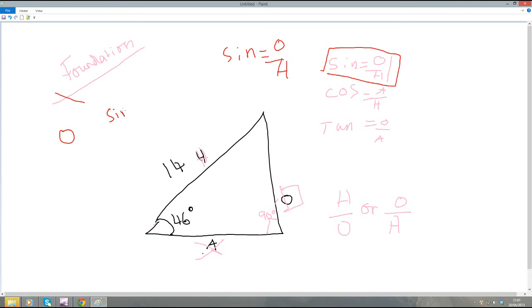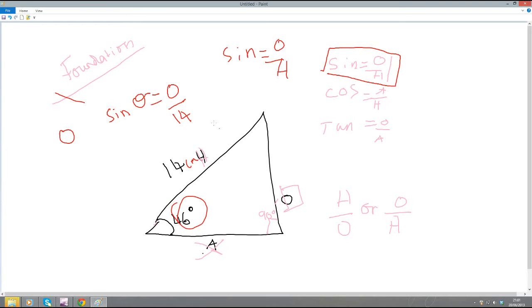So in here, we know that we don't know O, so we write sin theta equals, so sin from there, theta from there. Theta is very important. Sin theta equals O, which we do not know, over H, and H is 14 centimeters, but I'm not going to write it here. We want O by itself, and we have to get rid of 14.